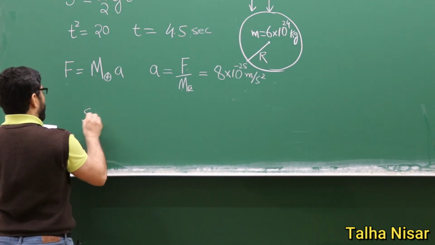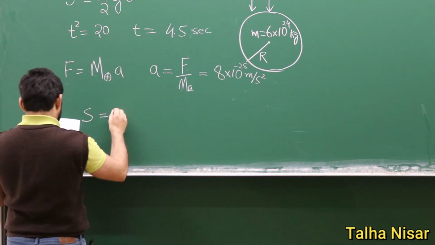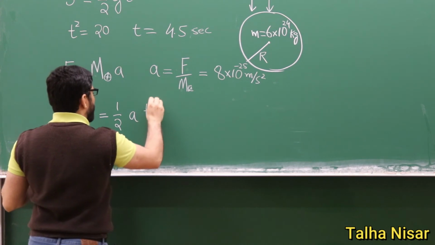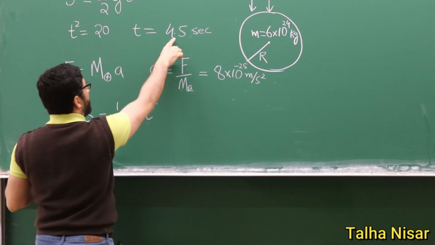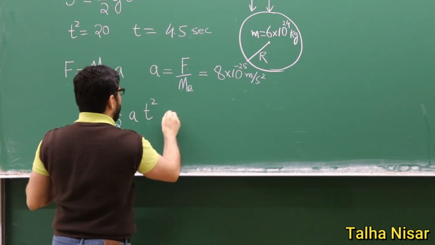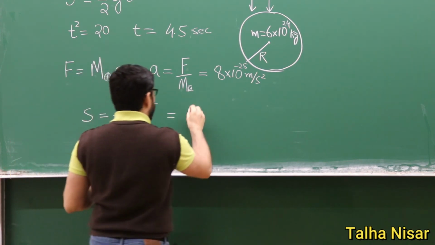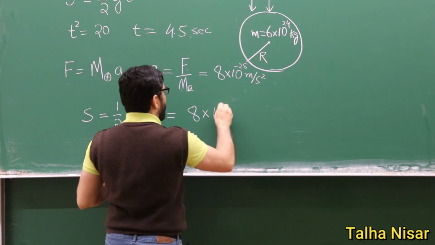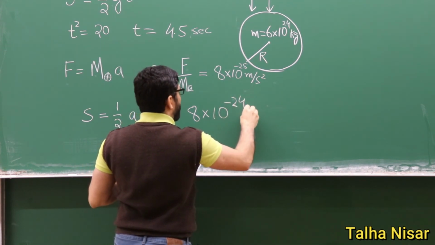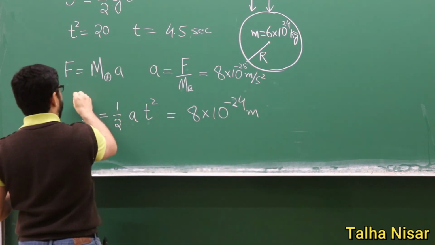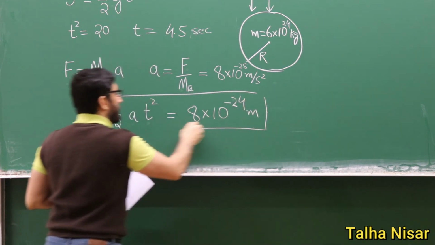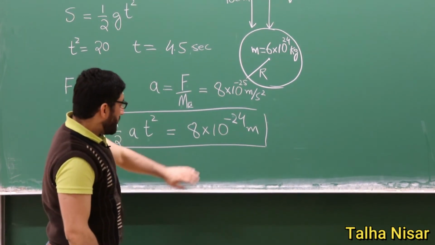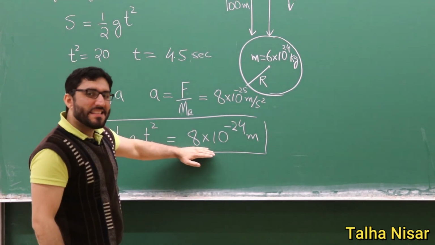So we have the distance, same formula, equals 1 by 2 a t squared. t is 4.5, and the acceleration we just calculated. If we put in these values, we will get 8 into 10 raised to the power minus 24 meters. So the Earth will move towards the ball by this distance.